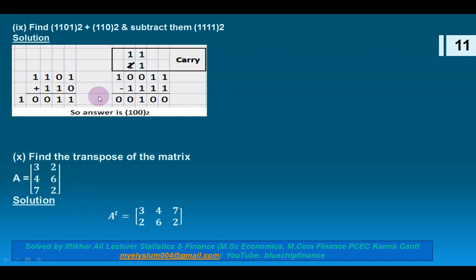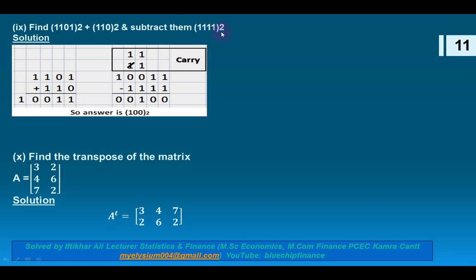Question number 9 is about a binary question. For example, find 1101, where this 2 means it is representing the binary system, plus 110 binary, and subtract them from 1111 binary.